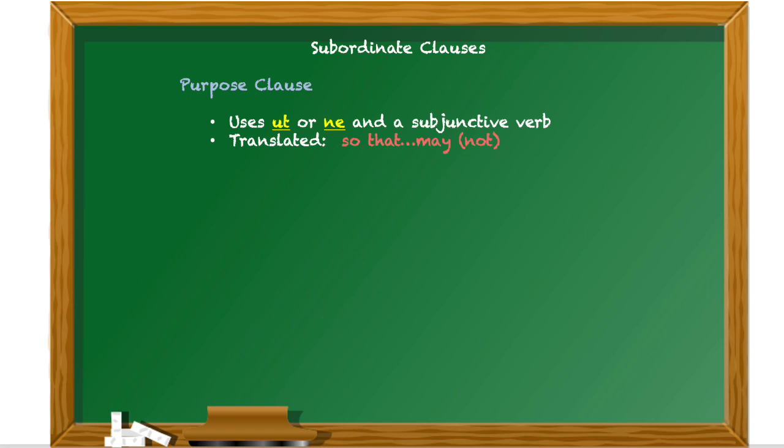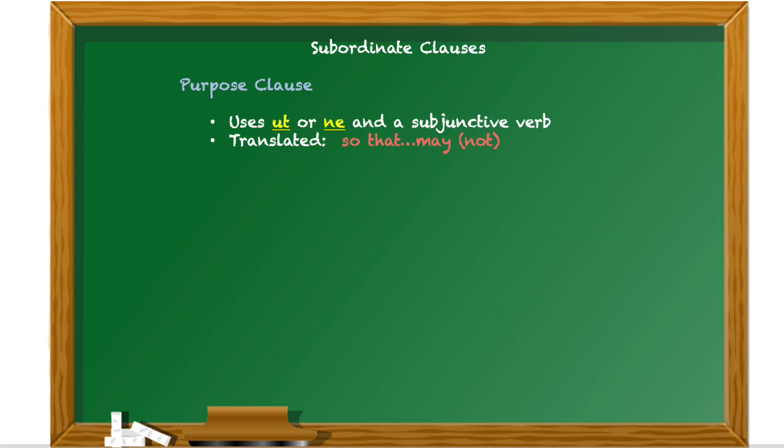And a purpose clause is then translated "so that ... may," or "so that ... may not." The ut introduces a positive purpose clause, and then the ne, kind of as it sounds, introduces a negative purpose clause.